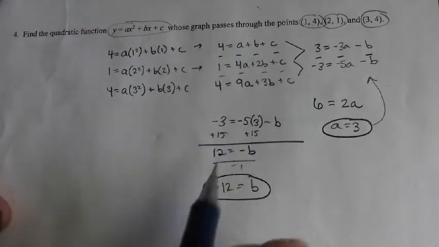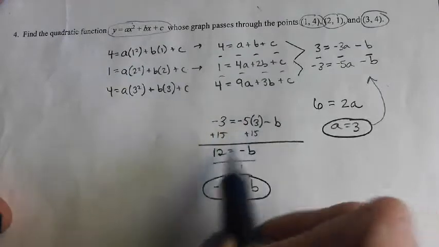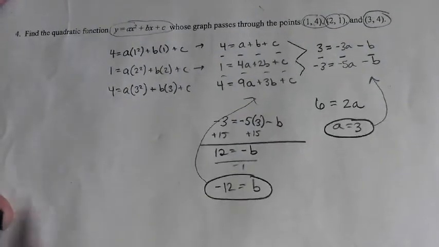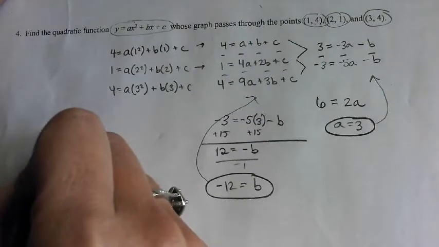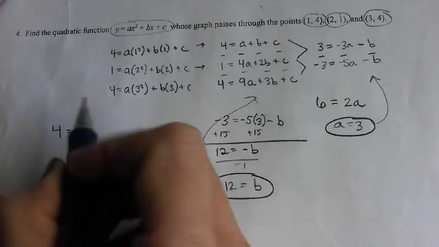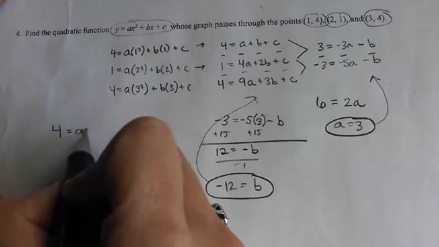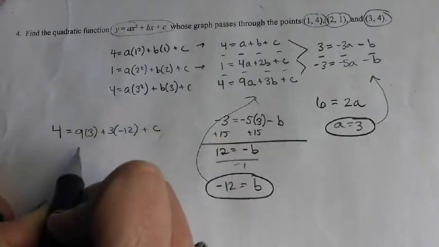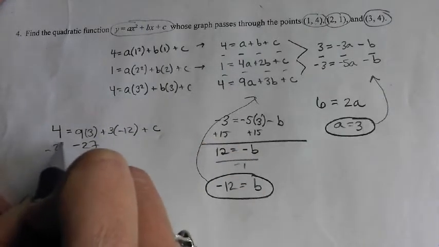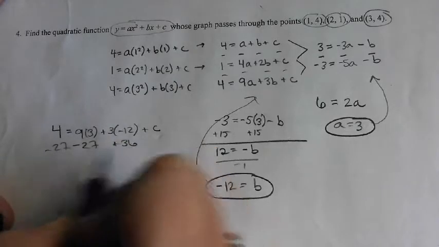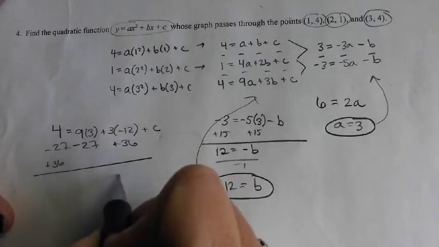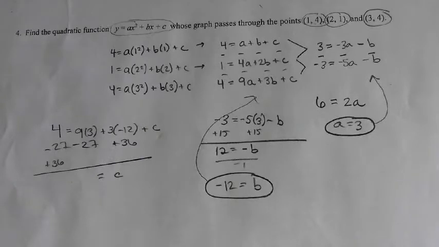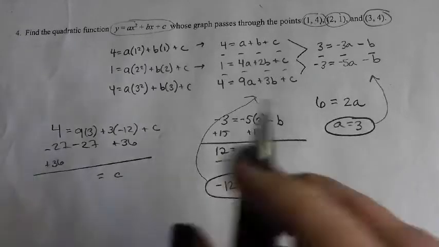And then go back to your layer before that and just solve for C. 9 times 3 plus 3 times negative 12 plus C. I'm going to subtract 27 over, add 36. 40 minus 27 is 13.